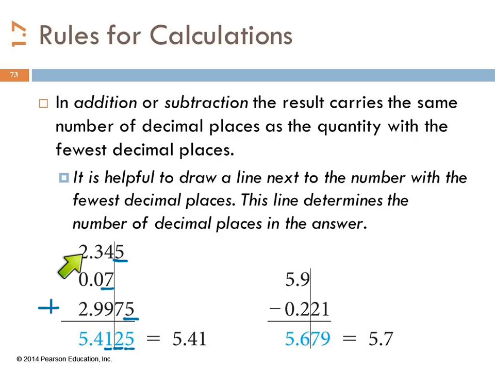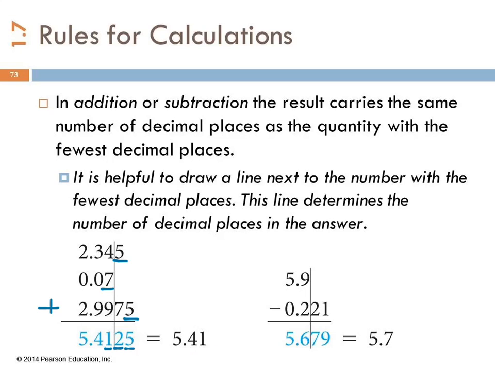When we add this guy, 3 plus 0 plus 9, now we're getting some certainty. And so the rest of these are going to be certain. But when we record the result of a calculation, we only include one uncertain digit. And so that's why we're going to keep the 1, and we're going to drop the 2 and the 5. And so we'll report the answer here.